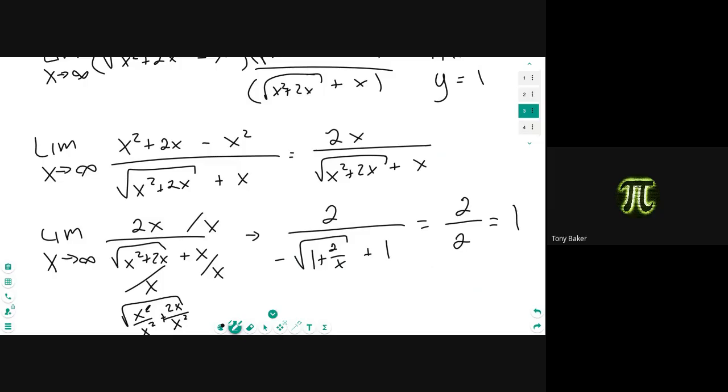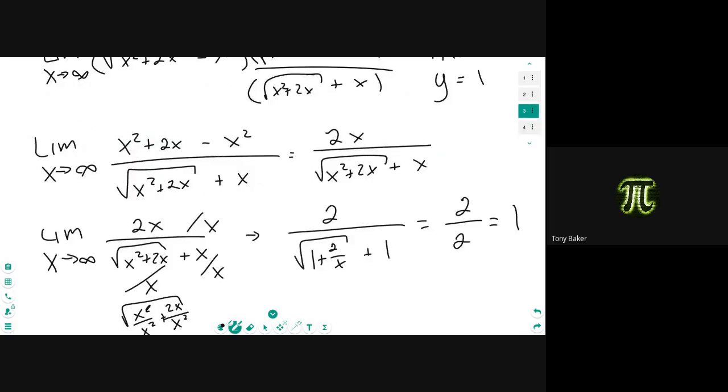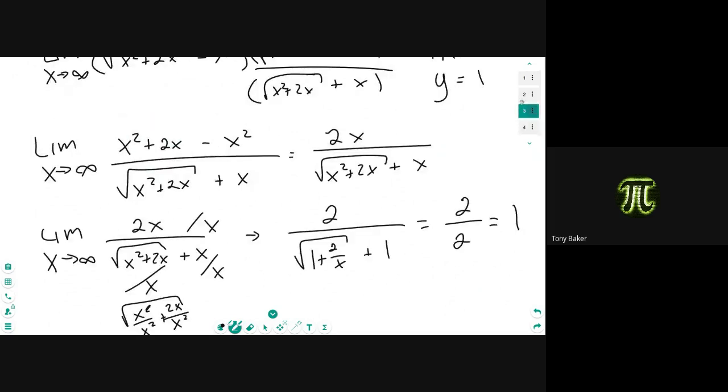Yeah. Why were we able to not do it this time? Like that whole process? Oh, you could have done that whole process. Oh, for this one? Yeah. Because in this one, it wasn't the actual inside of the square root that changed.